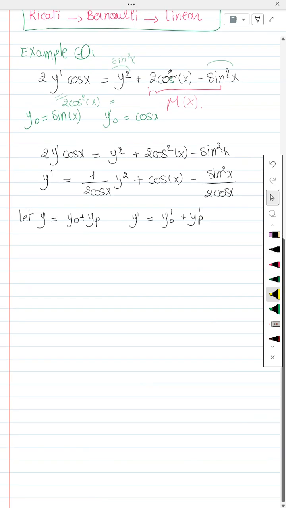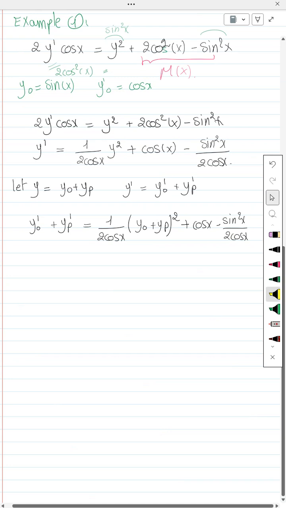So we will end up with y0 prime plus yp prime equal to 1 over 2 cosine x times (y0 plus yp) all squared plus (cosine x minus sine squared x) over 2 cosine x. This is the first equation.